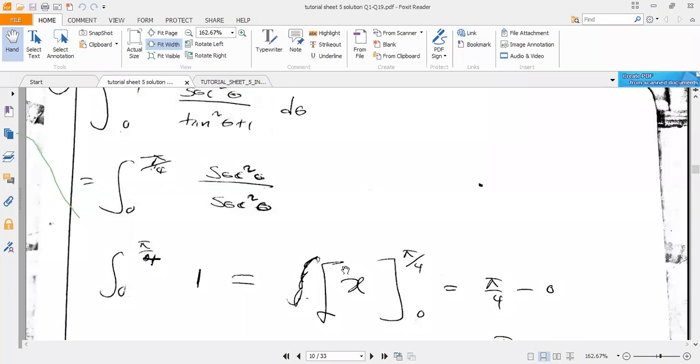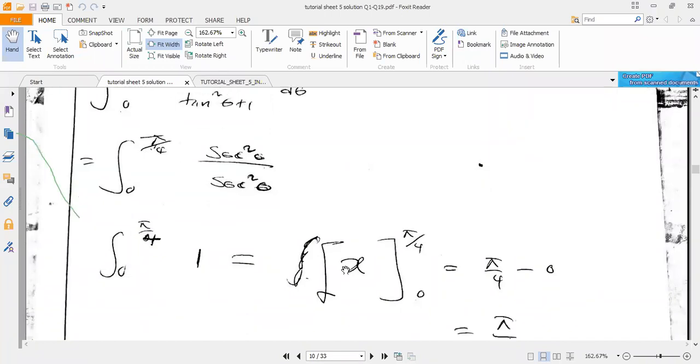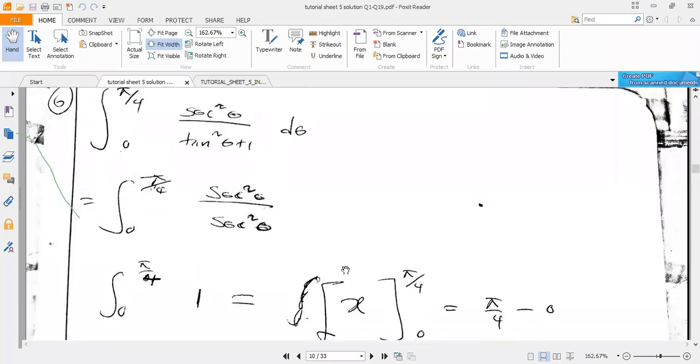The identity is not that tan squared theta is the same as sec squared theta. It's supposed to be tan squared theta plus 1 being equal to sec squared theta, sir. All right, sir. Good.